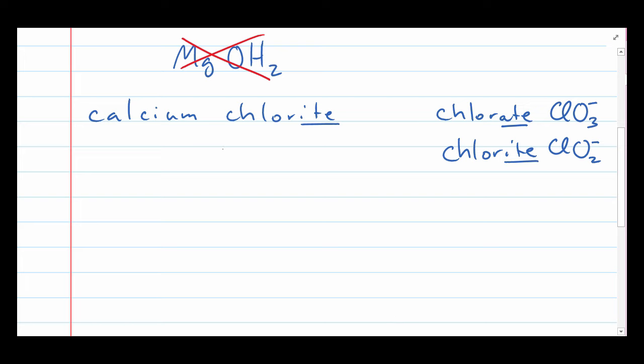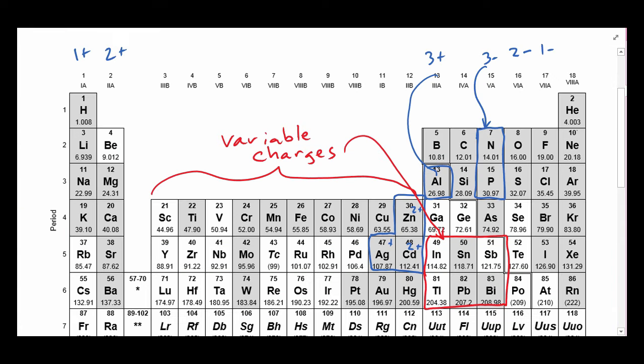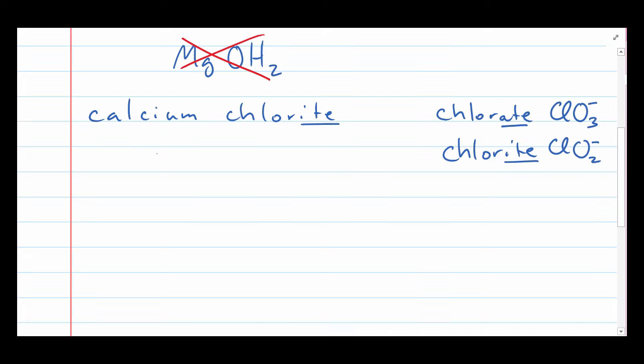So now if we want to write the formula, we go to the periodic table. Calcium always has a charge of 2 positive, 2 plus. The chlorite, we just wrote its formula over here as ClO2 with a single negative charge. Which one do we need more of?